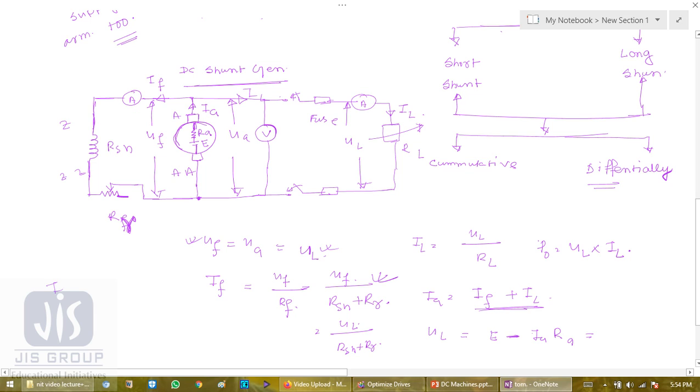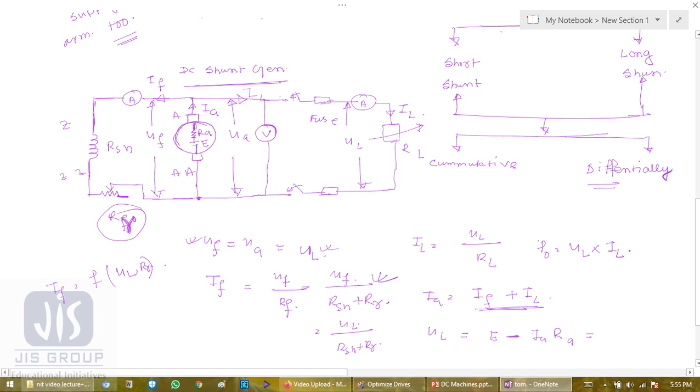So IF is a function of load voltage and that regulating resistance RR. So if we change the value of RR, we can get our desired result.